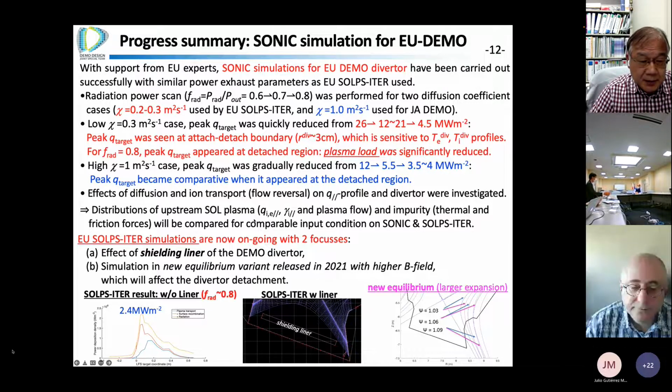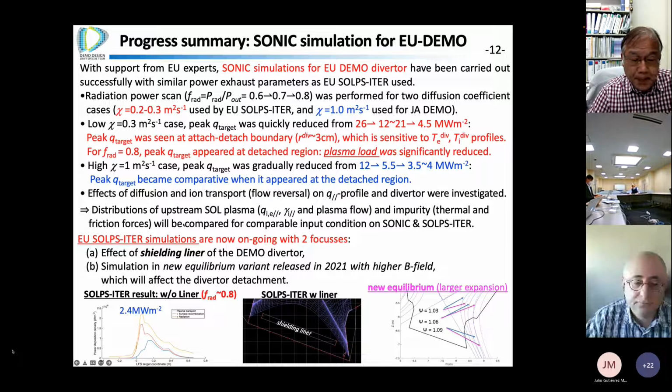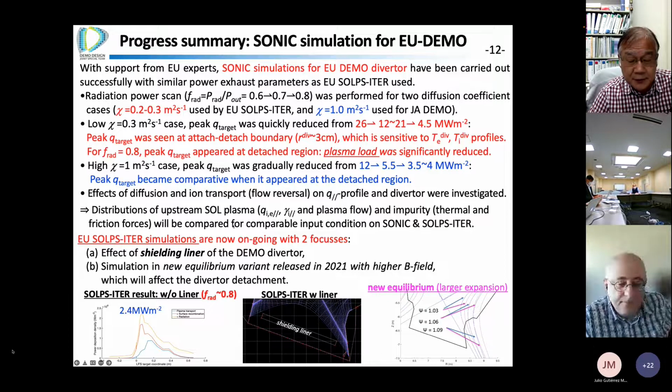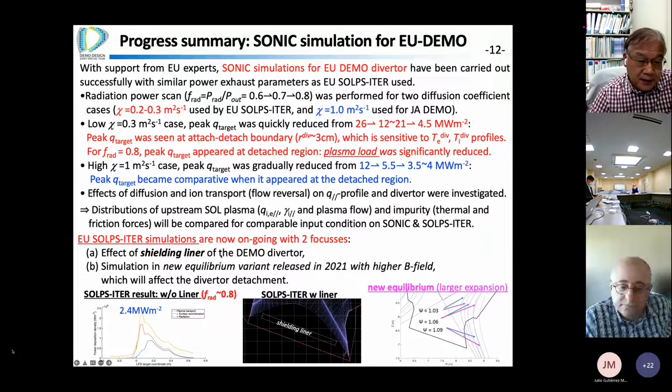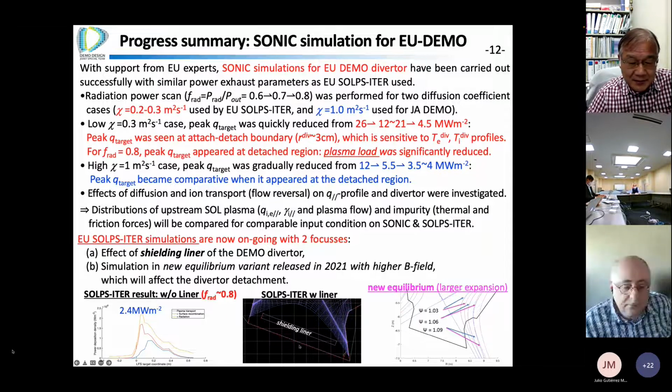The distributions of upstream SOL plasma and impurity will be compared. Impurity transport, such as the thermal and friction forces, will be compared for SONIC in the future, this year I think. On the other hand, for the SlimCS DEMO, right now they are working on two things. One is installing neutron shielding liners in the dome regions.